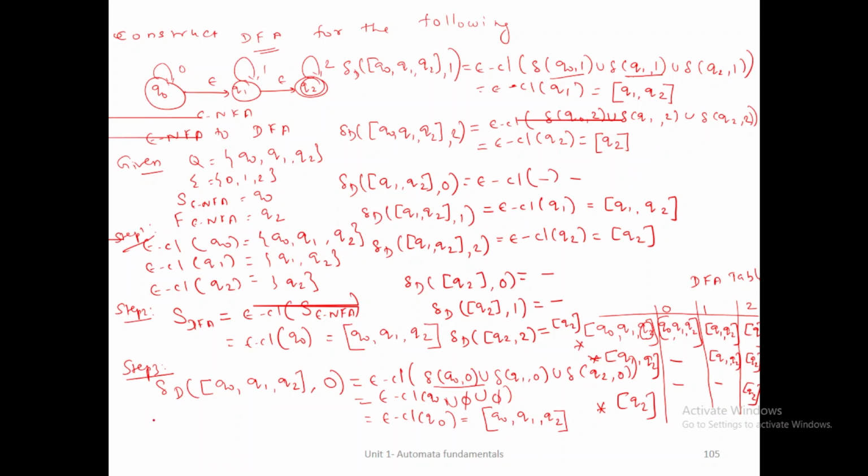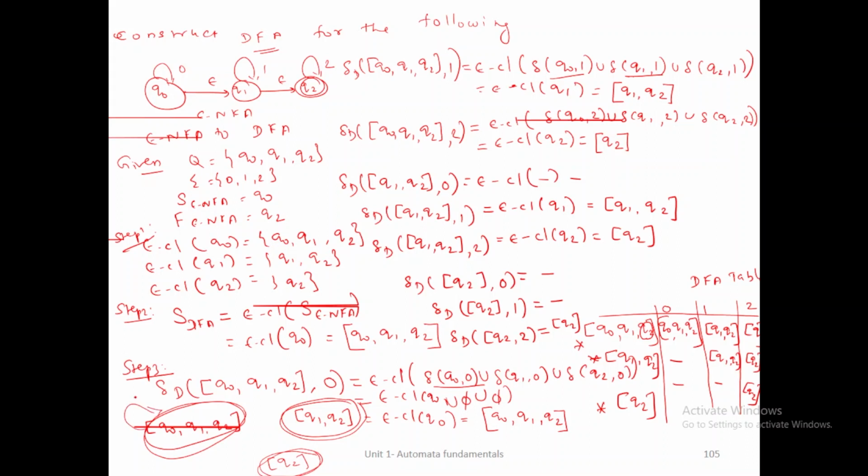So there are three final states in the DFA. This is state 1. This is state 2. This is state 3.